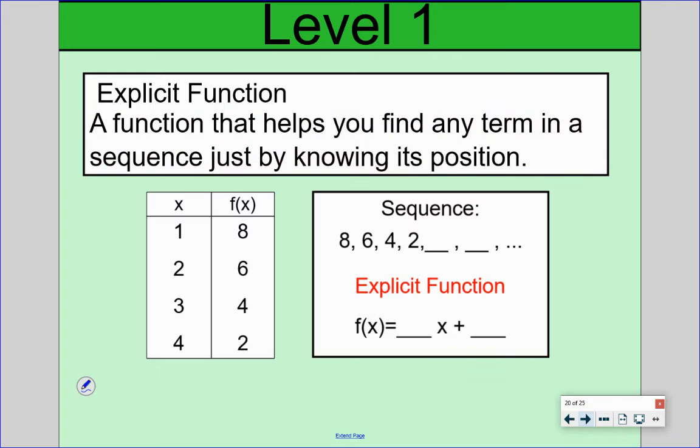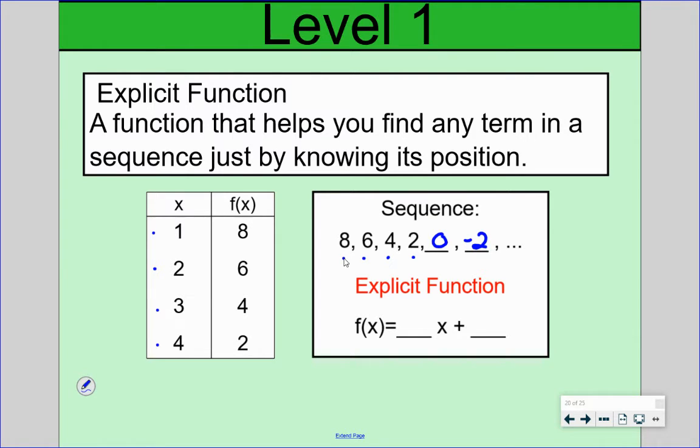So here is a sequence that we talked about, our 8, 6, 4, 2. What would the next number be? 0. The next one, -2. Here's our sequence. If we write it as a table, remember our domain are the natural numbers. They are counting numbers.